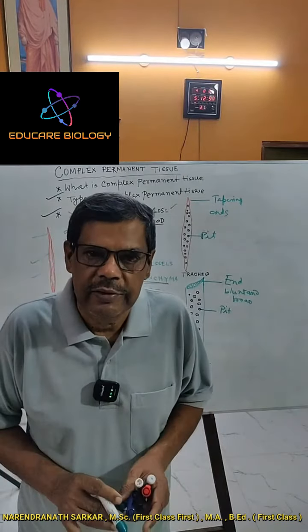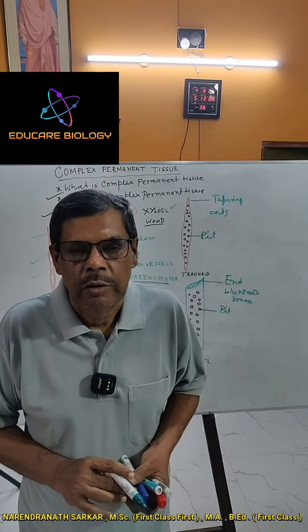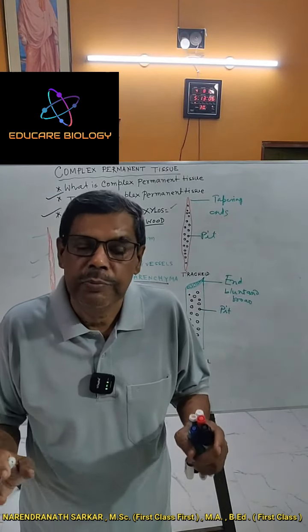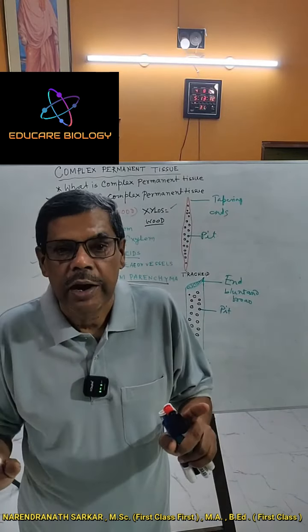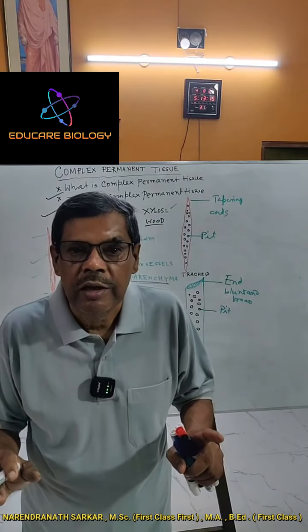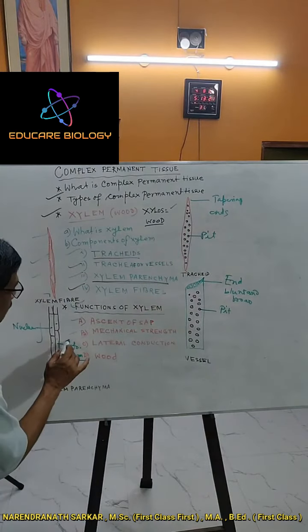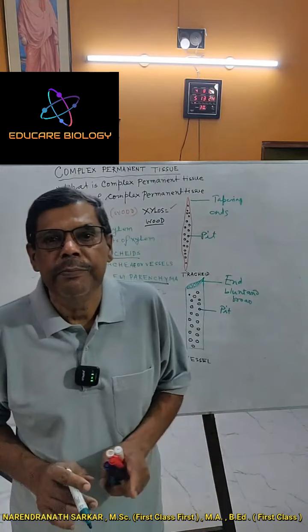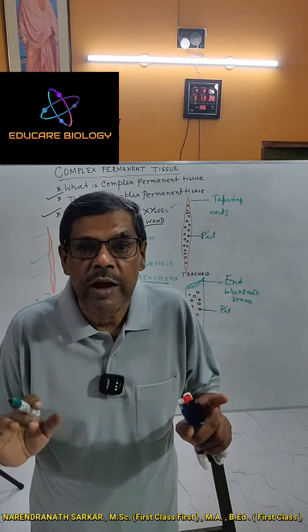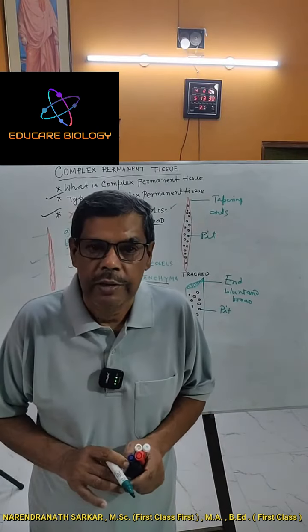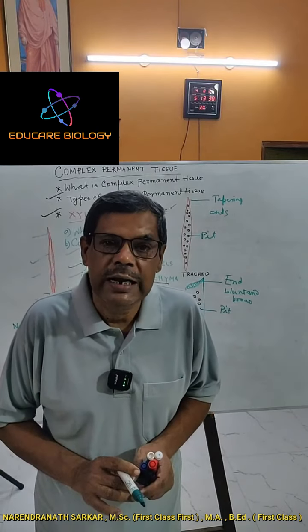Of the four types of cells, three types have secondary walls and are dead. So, not only conduction, it gives the plant mechanical strength also. Next, lateral conduction. Xylem parenchyma performs the function of lateral conduction of sap, that is from xylem to the peripheral tissue.